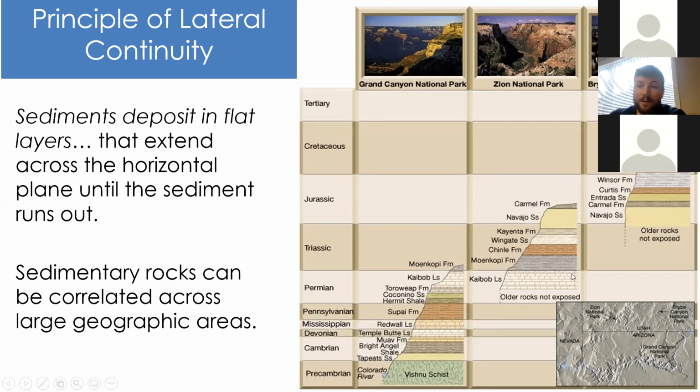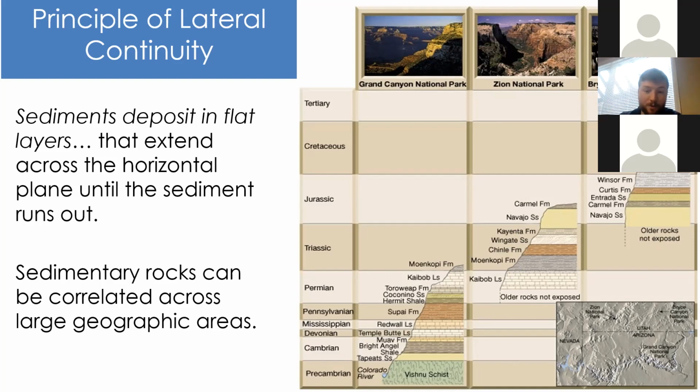So you can guess that Bryce Canyon is a younger canyon than Zion. It has more rock surfaces. It has more newer rocks. If you go down through Zion, we have the Carmel and Navajo sandstone. Keep going, keep going. Now we're into the Mancopi Formation and the Kaibab limestone.